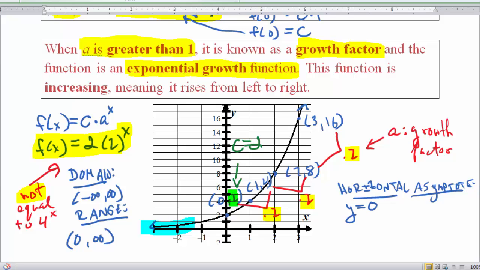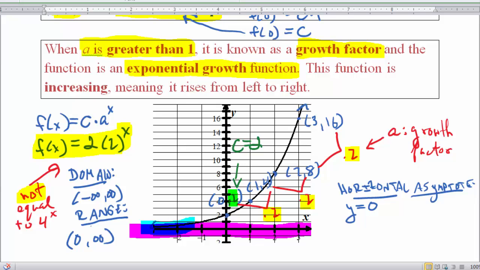This would be your horizontal asymptote because the graph is going to come very close to 0, but never quite reach it. All right? So the domain is all real numbers, the range is 0 to infinity, and then there's a horizontal asymptote at y equals 0. All right? So that would be an exponential growth function.